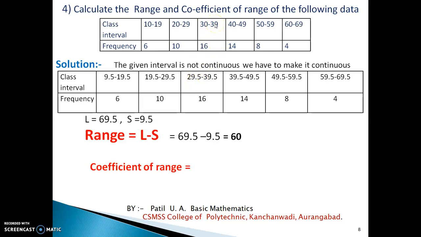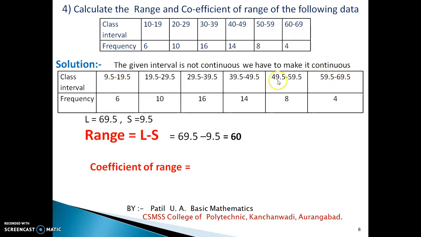And 39 plus 0.5, 39.5. Same process here: 40 minus 0.5, 39.5. 49 plus 0.5, 49.5. 50 minus 0.5, 49.5. 59 plus 0.5, 59.5. 60 minus 0.5, 59.5. And 69 plus 0.5, 69.5.